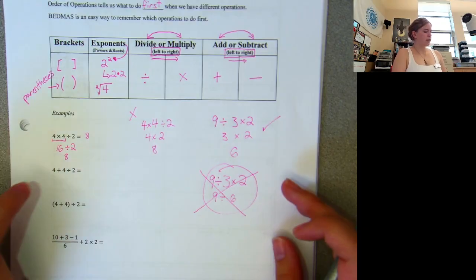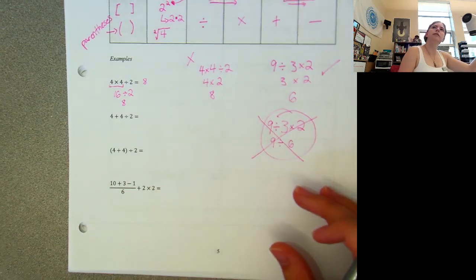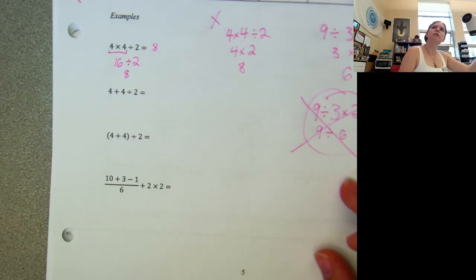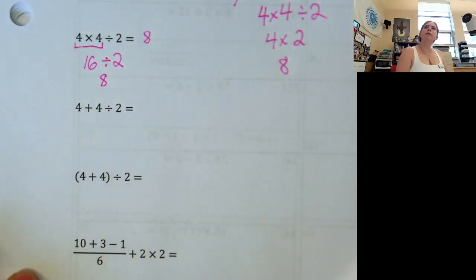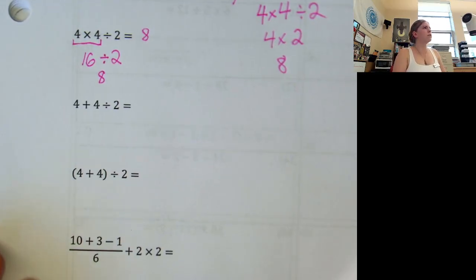Okay, let's do this next one. We've got 4 plus 4 divided by 2. So in our steps, what comes first, addition or division? Division, exactly.